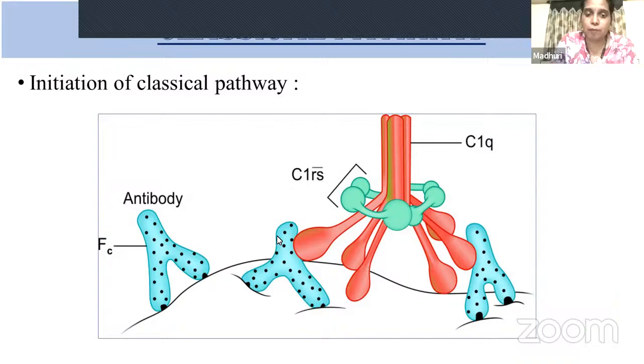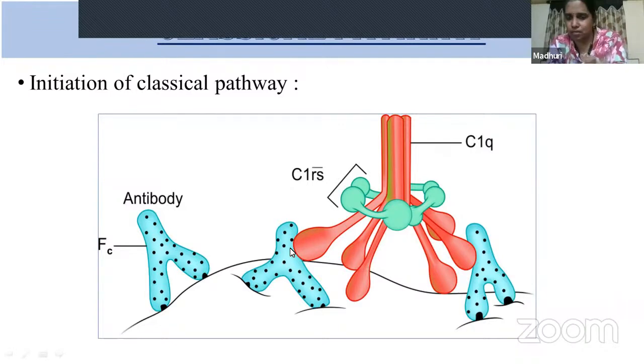This Fc component has the receptors for the activation of the complement, which can be shown only after the antigen combines with the antibody. So initially the antigen is present, and we have the antibody. The antigen combines with the antibody, but once this combination occurs, the receptor for the complement gets activated. These are called the complement receptors, which are present in the Fc terminal of the immunoglobulin.